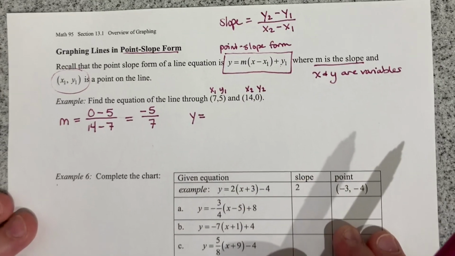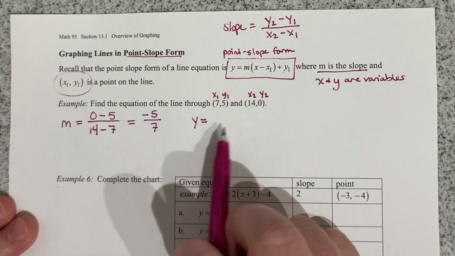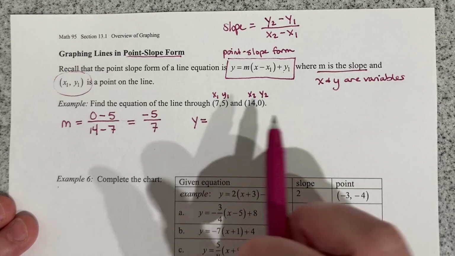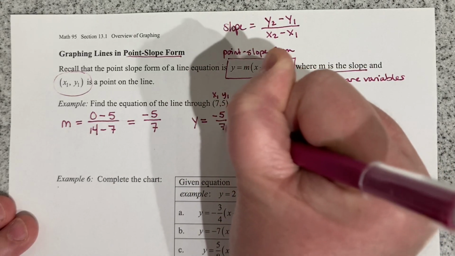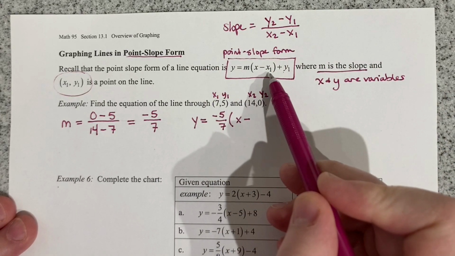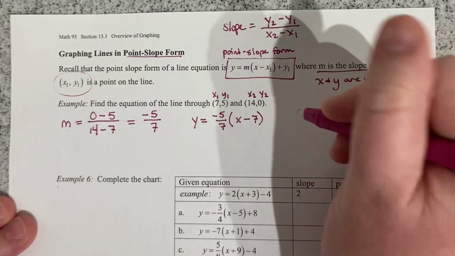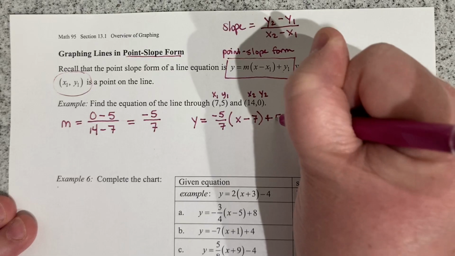I know there's a lot of x's and y's floating around, but remember, we're aiming for a y equals mx plus b kind of form. So in this case, we want y to be there as a variable. Then -5/7 times x minus x1, the first x value, so x minus 7. And then plus y1, the first y value, 5.